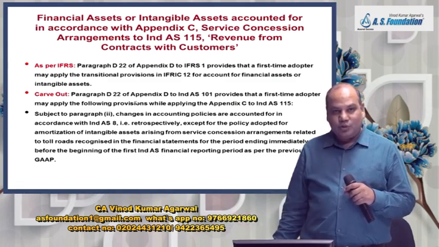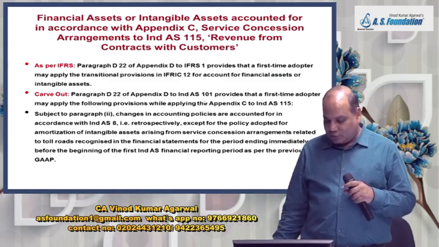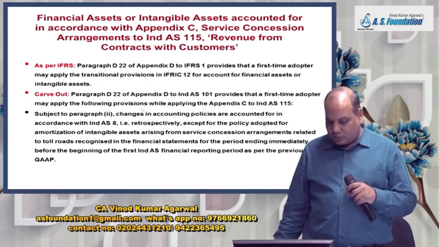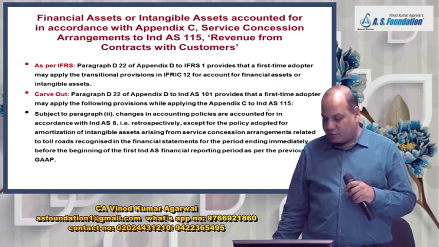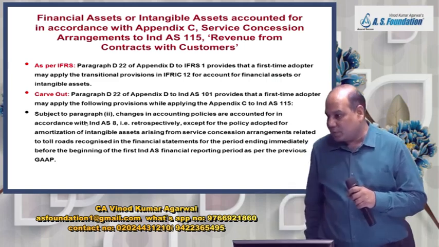Paragraph D22 of Appendix D to Ind AS 101 provides that a first time adopter may apply the following provisions while applying the Appendix C to Ind AS 115. So now they have given one extra paragraph here.